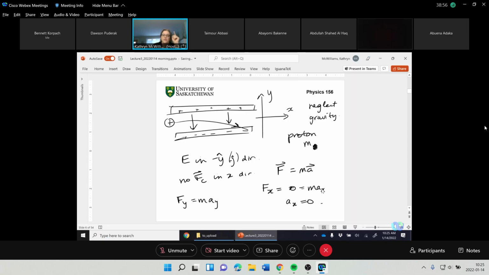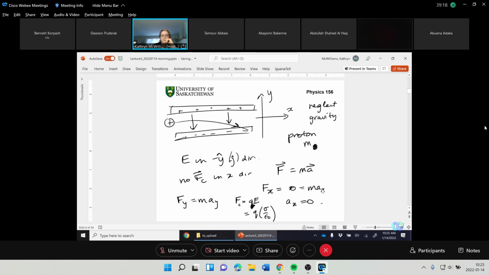And the force comes from the electric field. The Coulomb force is qE, but we know that the electric field between two parallel plates is sigma over epsilon naught.